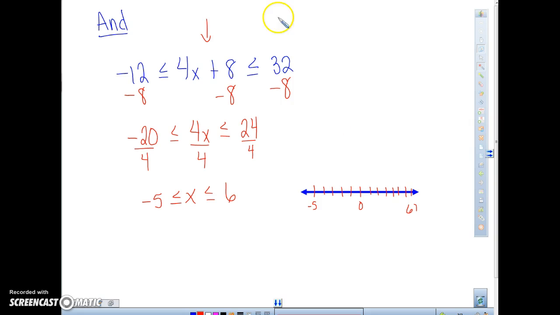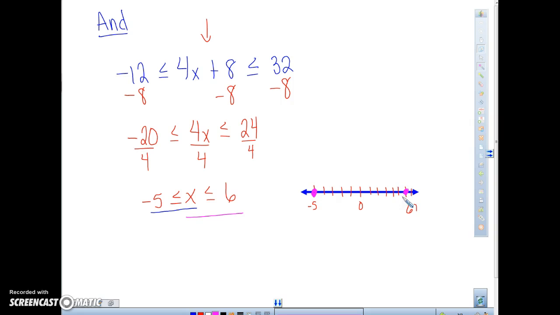You have to look at each part individually at first. This says negative 5 is less than or equal to x, which we know would be a closed circle. On this one, also a closed circle.